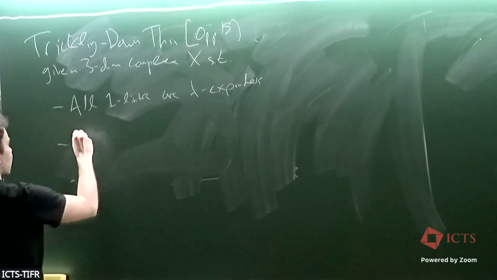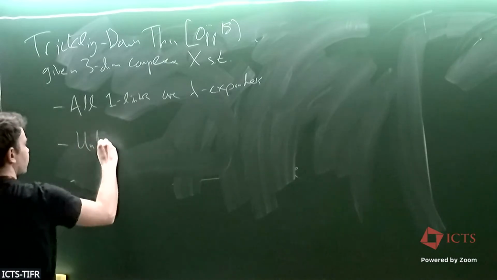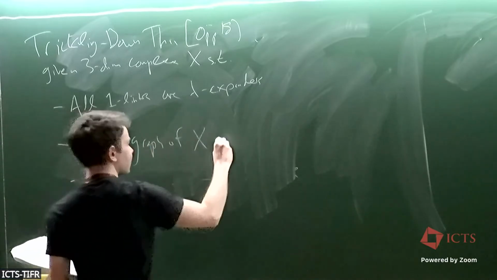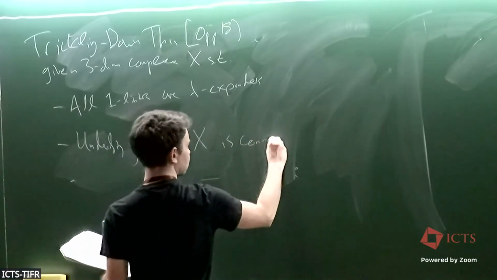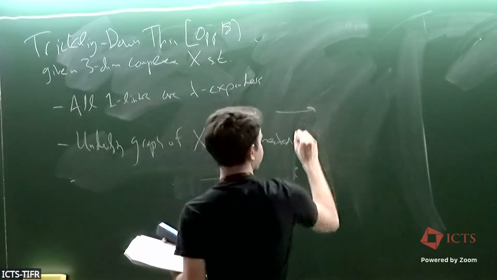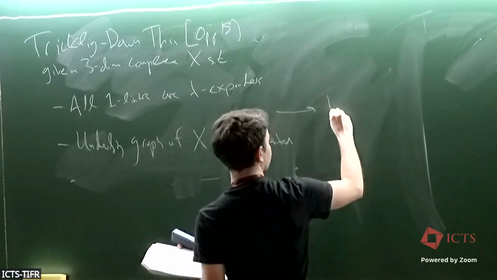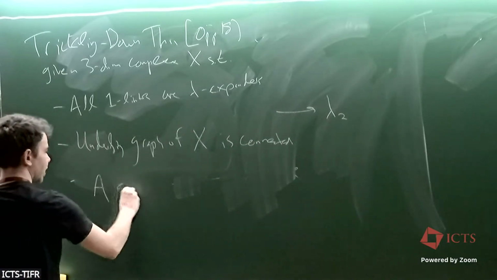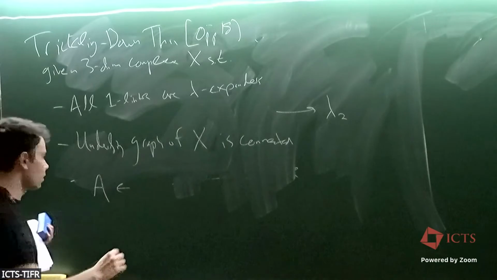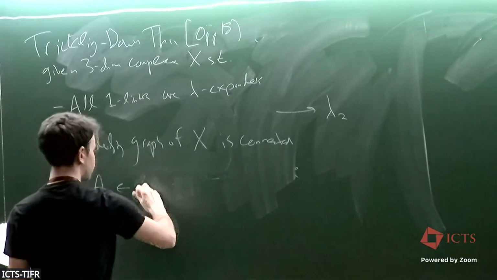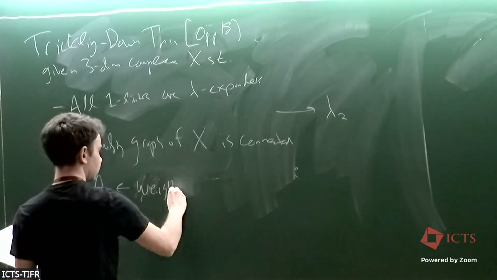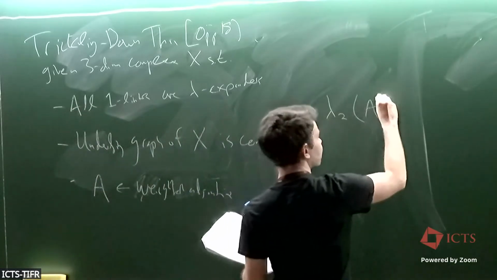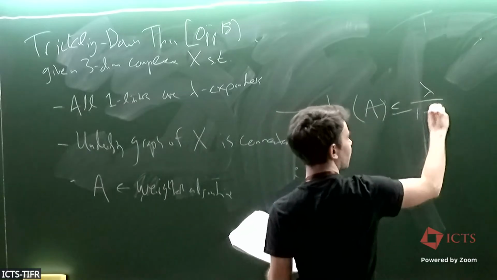And 2, the underlying graph of X is connected. Then this actually implies that, let's write A for the weighted adjacency matrix of the underlying graph of X, lambda 2 of A is less than or equal to lambda over 1 minus lambda.